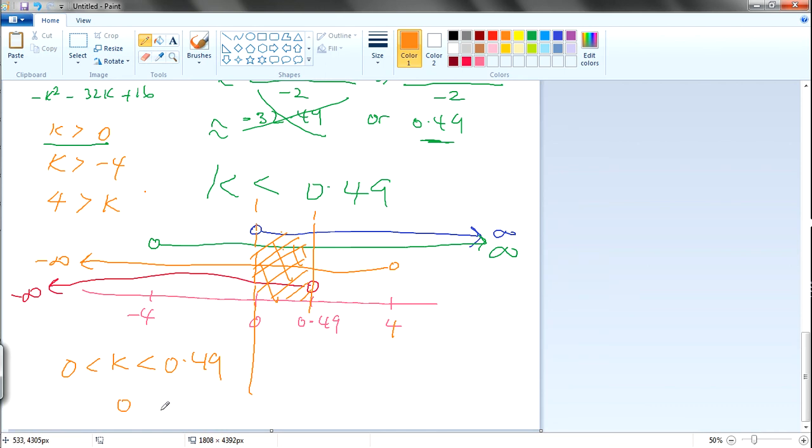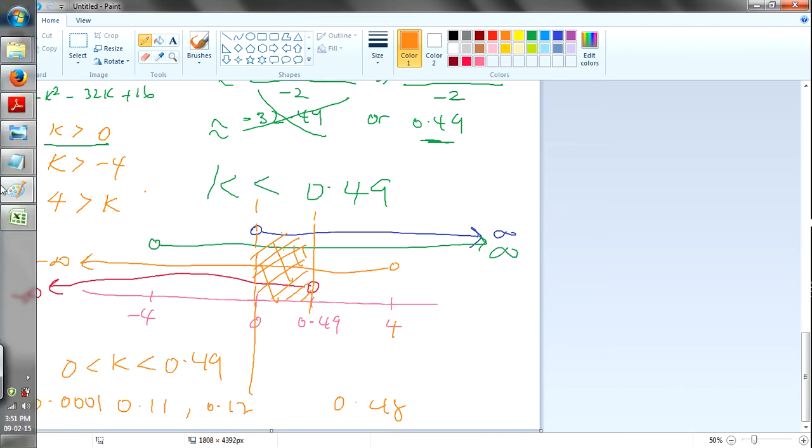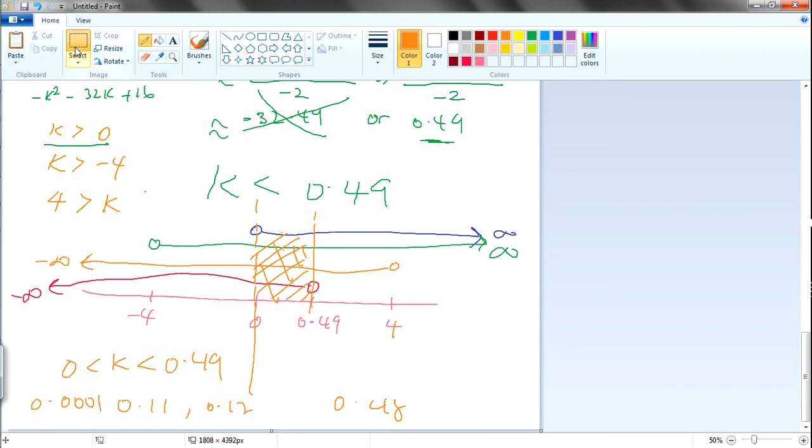So you can have 0.11, 0.12, all the way up to 0.48. You can also have 0.0001, whatever, and I think you understand. So we have found this range.